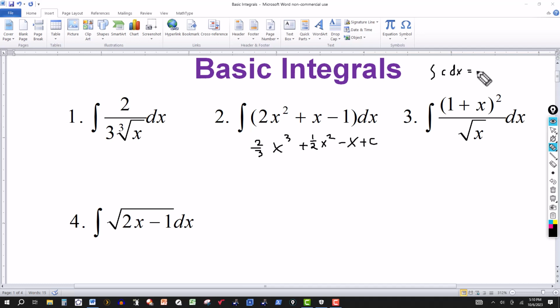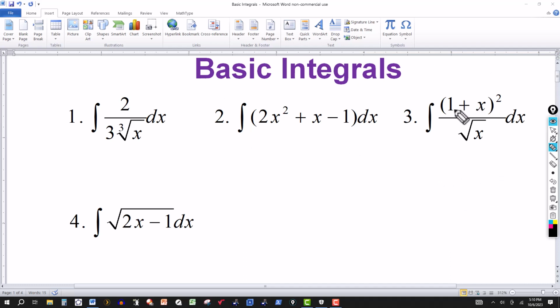Think of that as x to the 0. That just gives you cx. And I'm using a c here. I'll use c1 with a constant of integration. So for this one, it's 2/3 x to the 3rd plus 1/2 x squared minus x plus the constant.